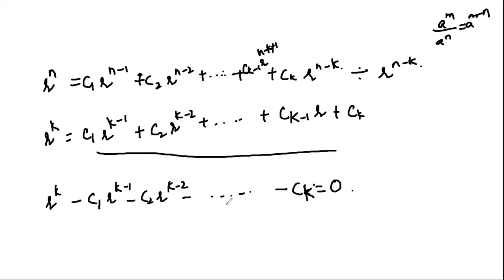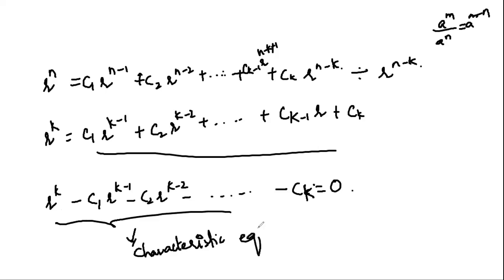Okay, and this equation is known as the characteristic equation of the recurrence relation given. As we will see, these recurrence relations can be solved using the solutions of this characteristic equation.